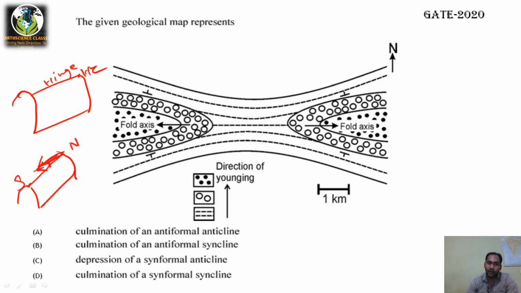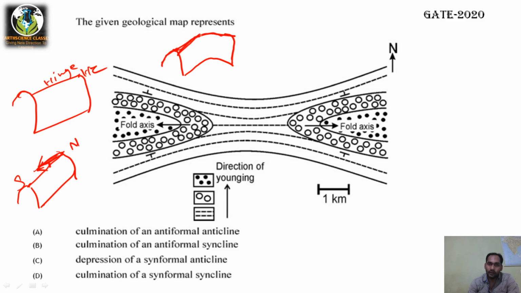Okay, if it will plunge in both directions, then how can we draw the diagram? The same fold, just like this, right? So this is the fold.